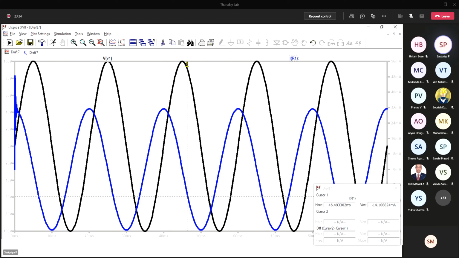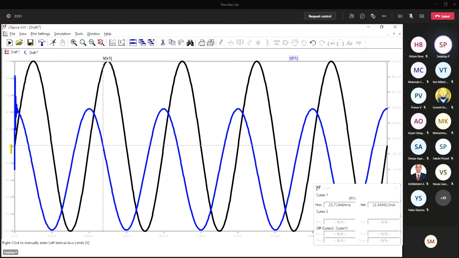I move cursor 1 to the zero crossing point. Any cycle, you can wait for any cycle. See, this is my cursor 1.